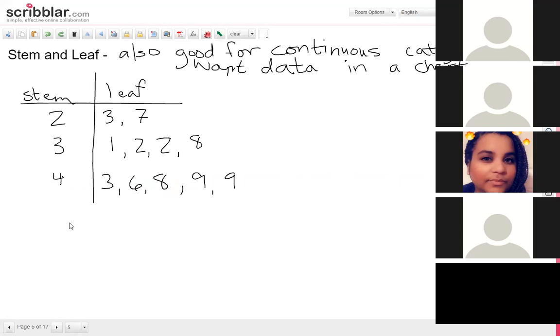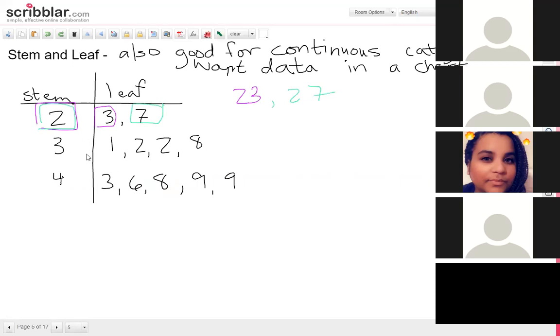The stem is the first number. It's usually the tens digit, maybe the hundreds, depending on, again, what they have written over here. The leaf is the second digit of the number. So this 2 is the start of a number with the 3. That number would be 23. But then you can use the 2 again and put it with the 7. That would make this a 27.